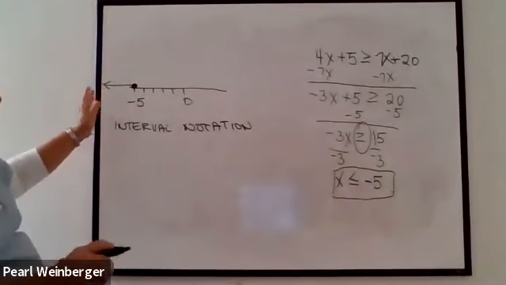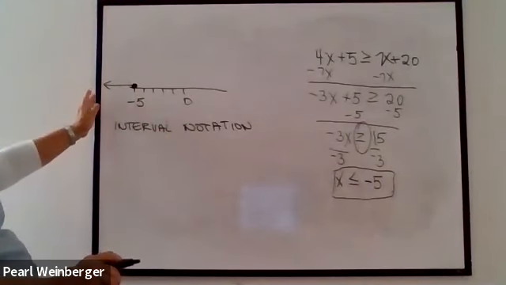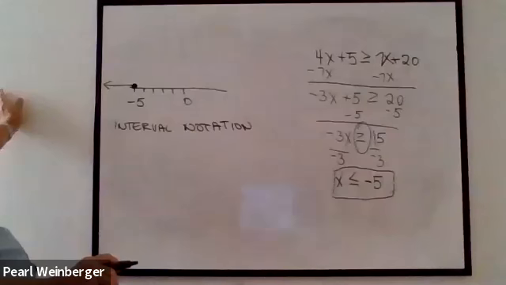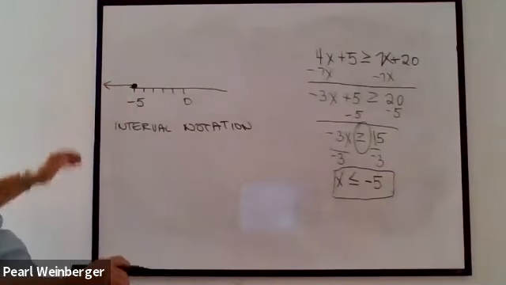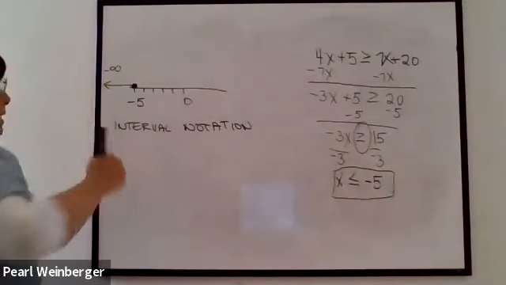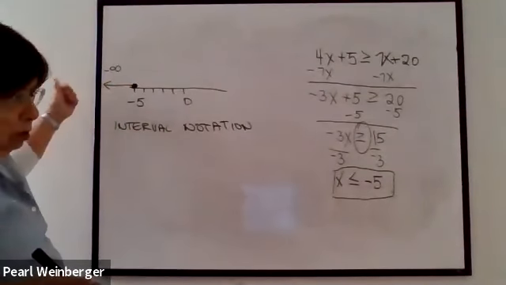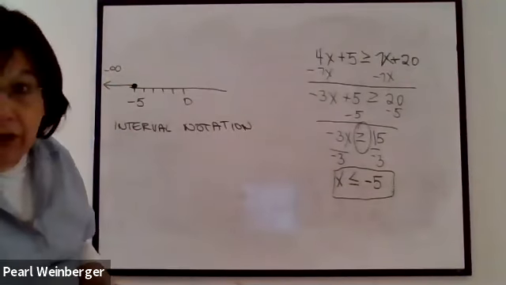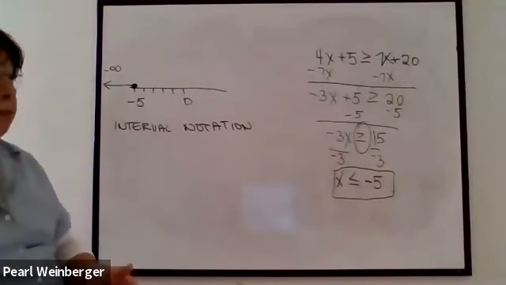So what's important here? When we're looking at the number line, what's important is where does the number line start and where does it end? Since this arrow is pointing all the way to the left, it means it's going until -infinity.